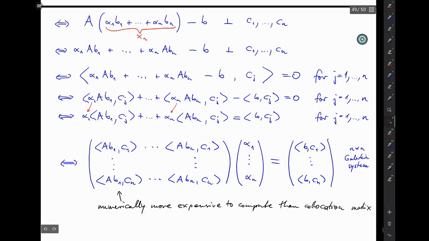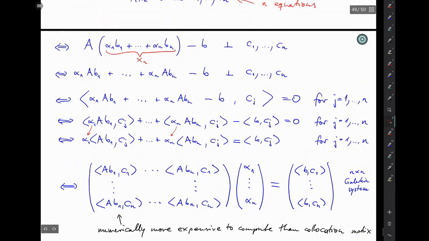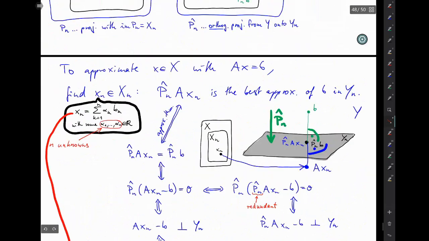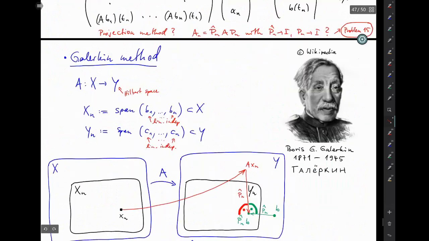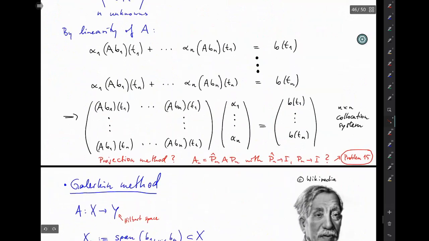And that is because computing the scalar products typically involves integrals, and that's a lot more expensive than just evaluating some functions, which is what you have to do when you compute the collocation matrix, right?